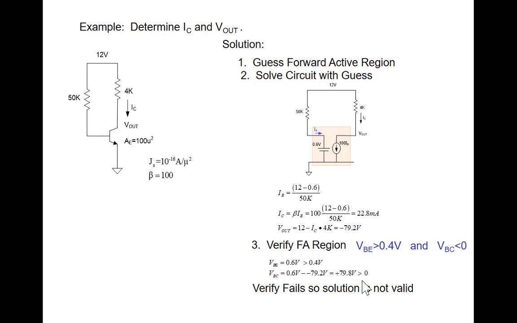And the question, is that less than beta 100 times the base current, which is 12 minus 0.6 over 50K? Can you check that condition?